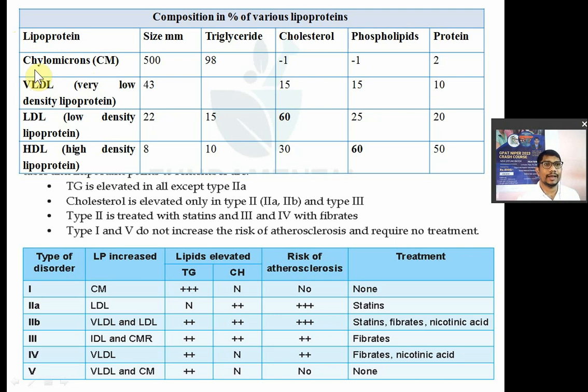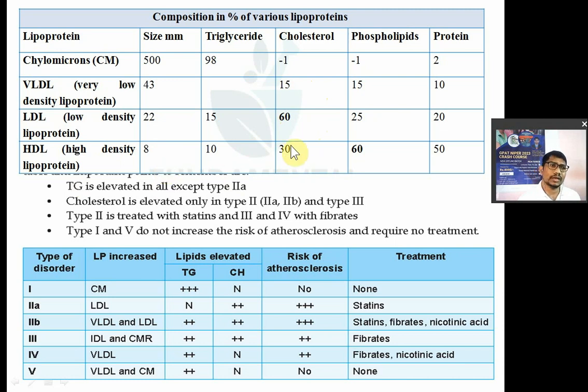So the first is chylomicrons, its size is 5 millimeter. The triglyceride content of chylomicron is high, 98%. Very low density lipoprotein has a high triglyceride level and cholesterol around 15. Now low density lipoprotein has a very high cholesterol level, and high density lipoprotein again has less cholesterol.